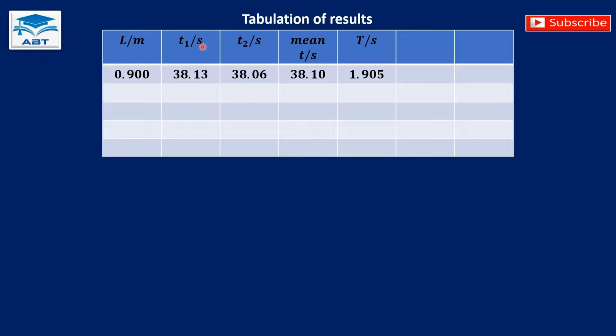For the first trial, we had 38.13 seconds. And for time 2, also in seconds, that is the second trial, we had 38.06 seconds. And this is the mean time T in seconds. That is 38.13 plus 38.06, and the result divided by 2, giving us 38.10 seconds.